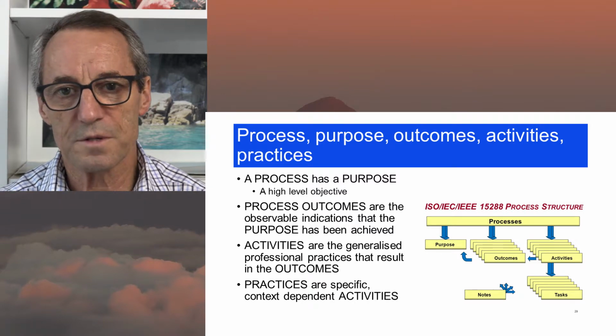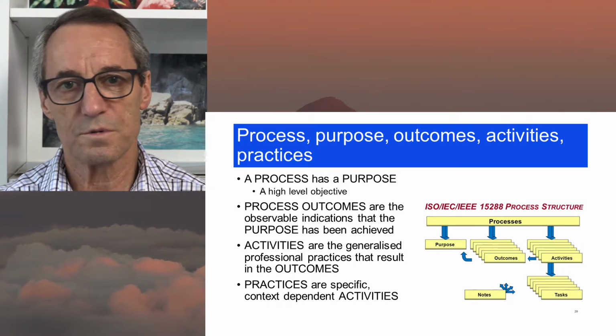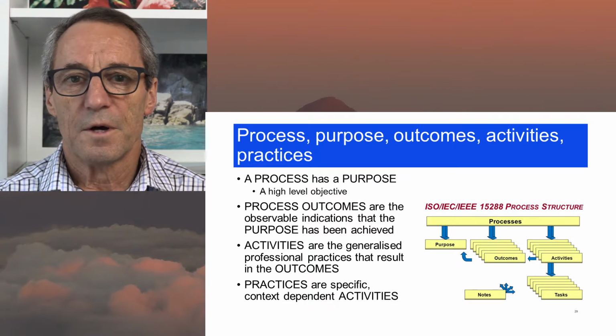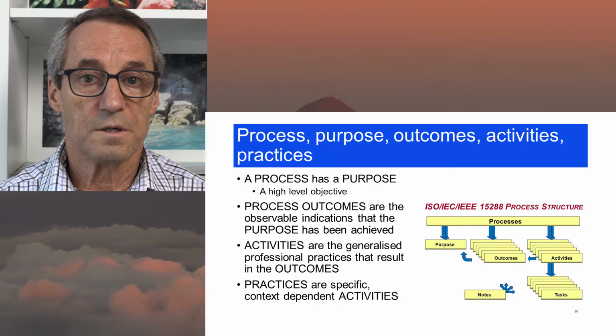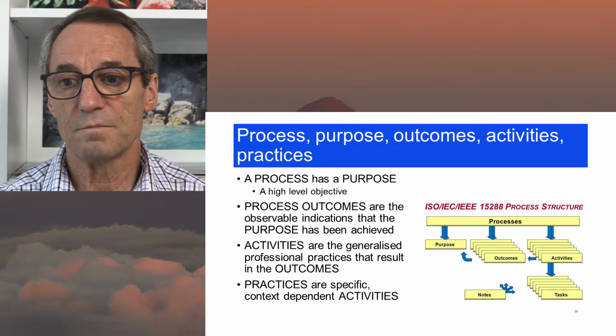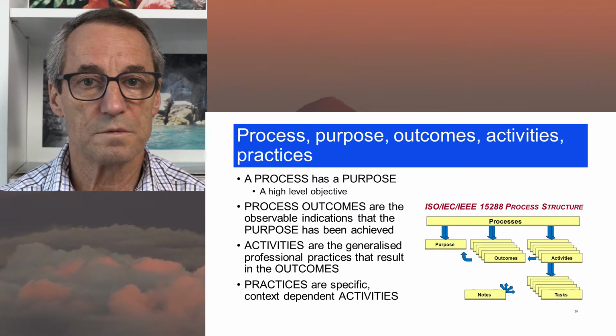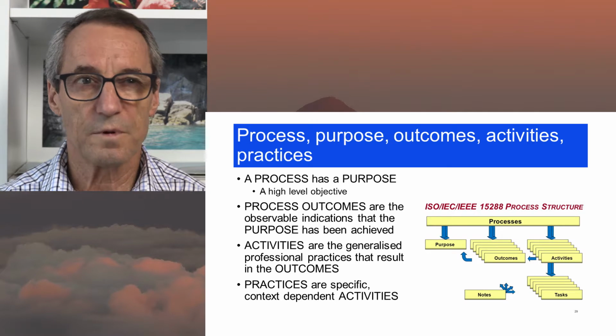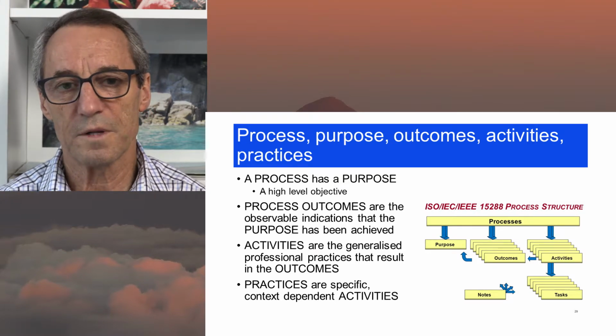Well, the specific practices, you could use UML, or you could use boxes and arrows, or you could do something else. Just different practices. You could evaluate the architecture, and there are different ways of evaluating the architecture. There are peer reviews. There are a couple of architecture evaluation methods.